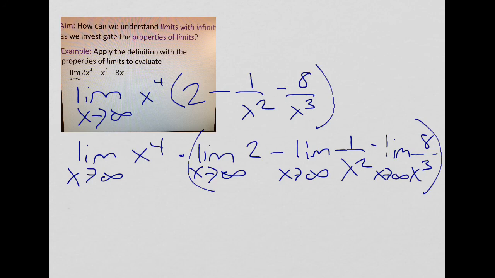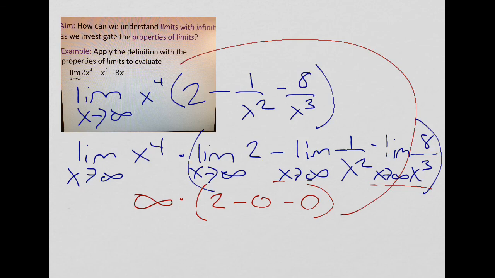The first one, if you have a very large value and you raise it to the 4th power, you're still going to get positive infinity. Over here we just went over the limit of a constant over x as x approaches negative infinity or positive infinity, and these are our definitions where they become 0. So essentially we have 2 times infinity, and that is infinity. That is our answer.